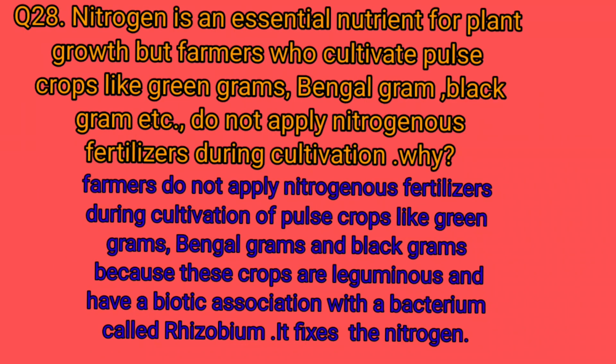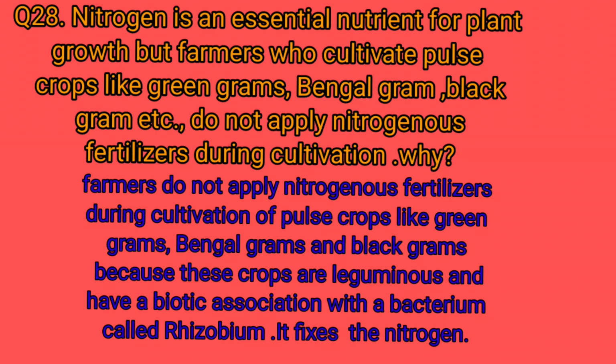Now the question is, nitrogen is an essential nutrient for plant growth, but farmers who cultivate pulse crops like green gram, Bengal gram, black gram, etc. do not apply nitrogenous fertilizers during cultivation. Why?